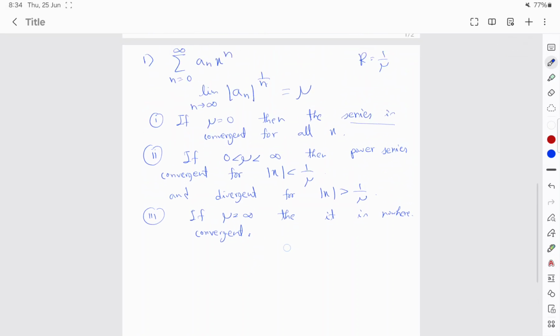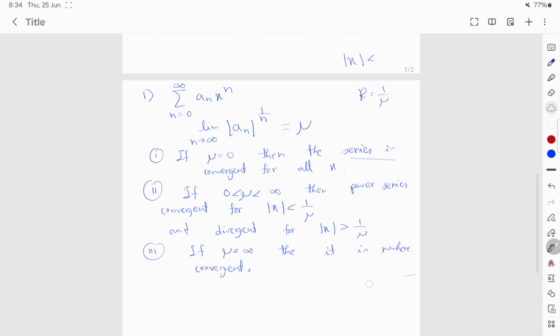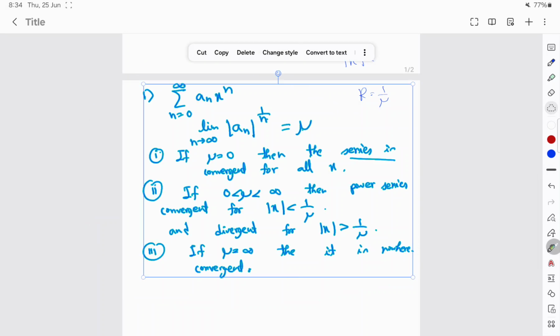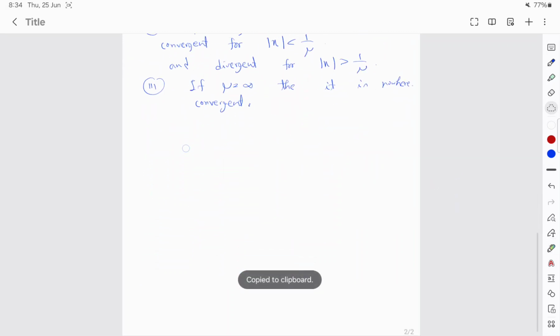Okay, and one more theorem, the similar type. You can think this is your root test type of theorem.